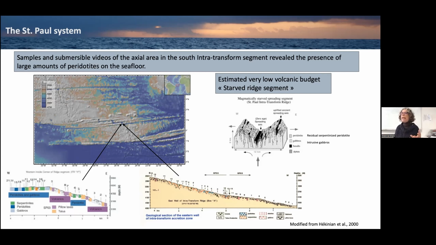And so he came up with a model saying that these intra-transform ridge segments were magmatically starved, and he generalized it to the other ridge segments, saying that we would have very low melt degrees, and therefore would expose mantle rocks on both sides of the ridge flanks.